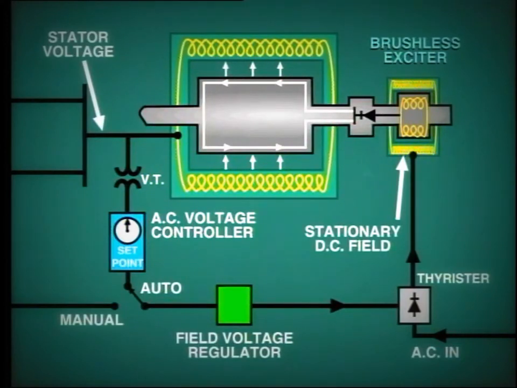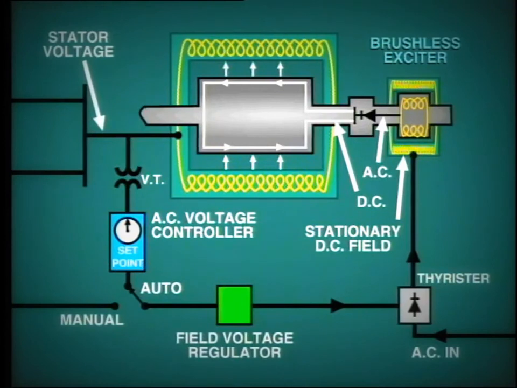The rotor winding produces AC voltage, and this is fed directly into diode-type rectifiers which are built into the shaft. So we have, in effect, a rotating rectifier. The DC output from the rectifier is connected directly to the main rotor winding through leads which pass inside the shaft. There is no need for collector rings or brushes.